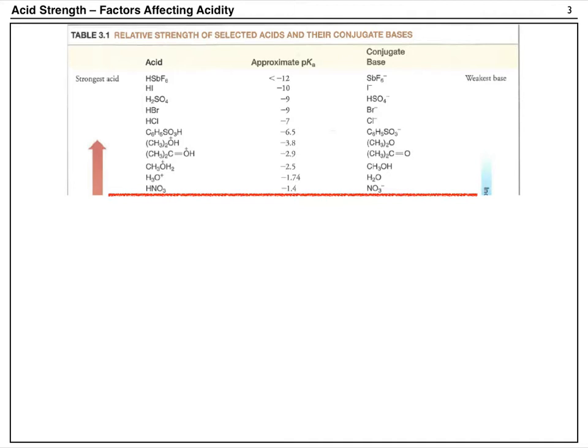When I say an inorganic acid, I'm typically referring to acids such as HF, HCl, HBr, HI, the hydrohalic acids, and other acids as we see on the table: nitric acid, HNO3, and sulfuric acid, H2SO4.